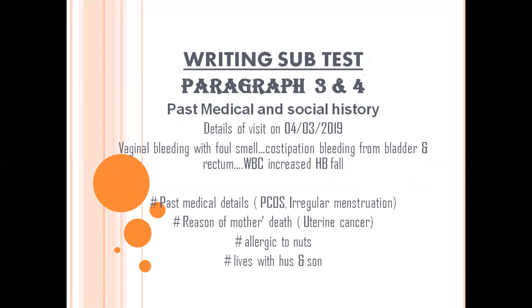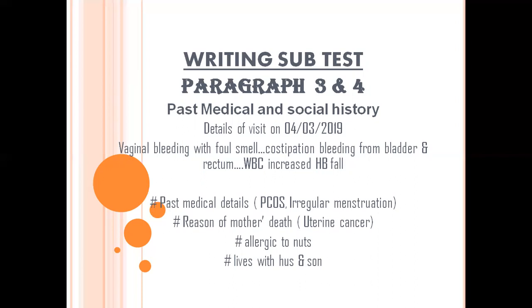And this is the continuation of that paragraph, the next paragraph, details of the second visit. Again, vaginal bleeding, but a foul smell was there, and she has had constipation and bleeding from the bladder and rectum. And also from the previous test, we understood that WBC increased and SP fell. So these two things we have to write.